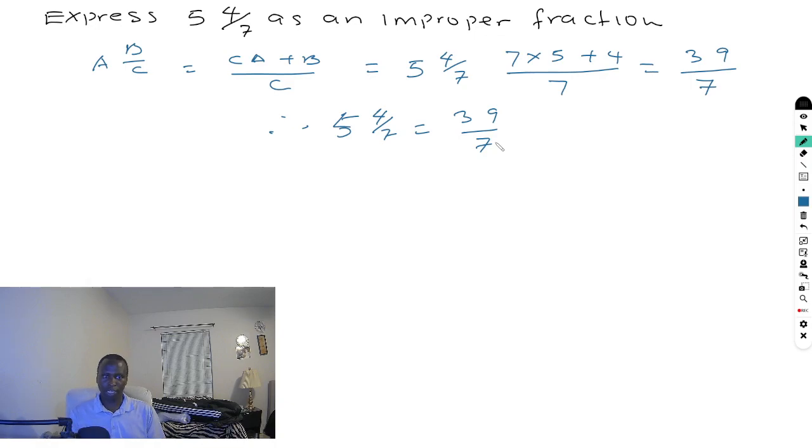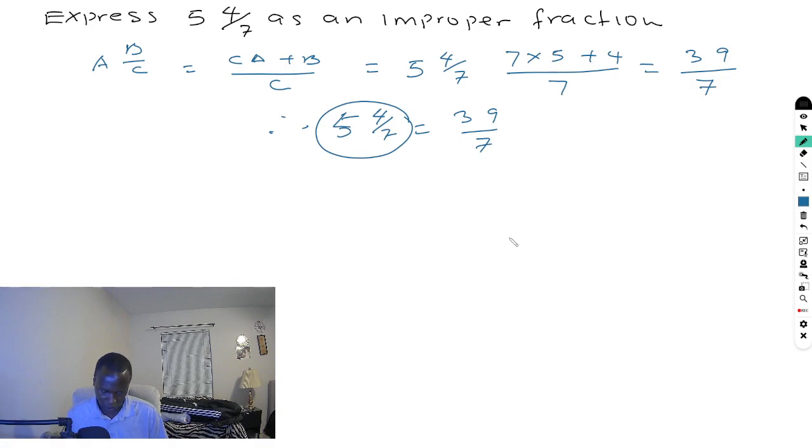This is important, guys, because whenever you will be doing bigger calculations down the road, you will not be using the mixed form for calculation, so you have to change to an improper fraction. Understanding this will be very, very helpful. So let's do one more.